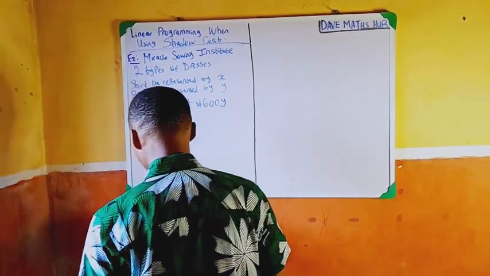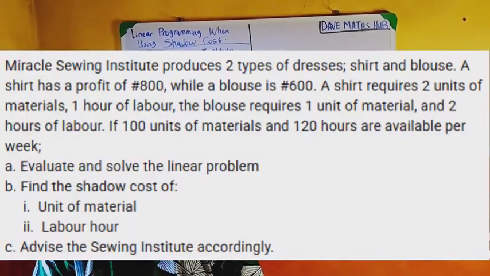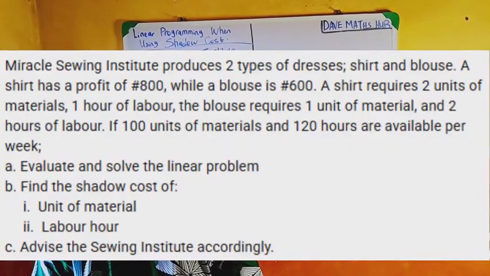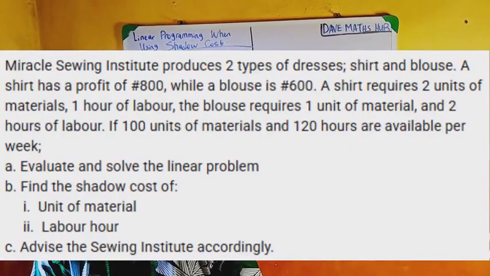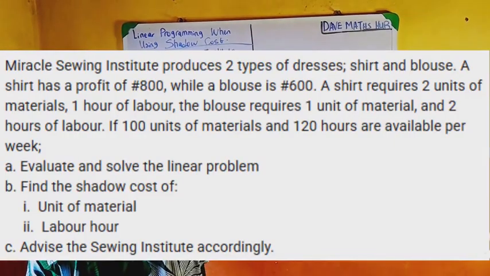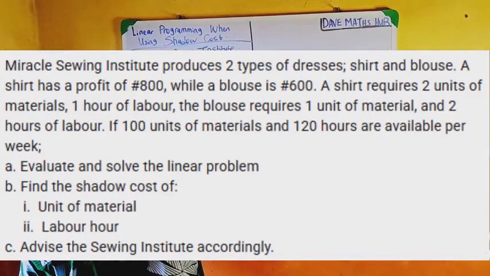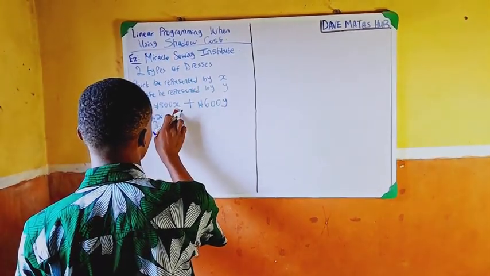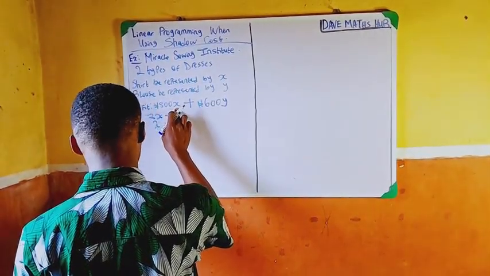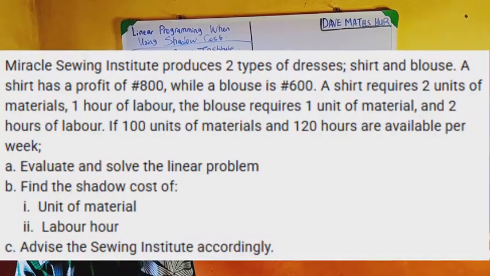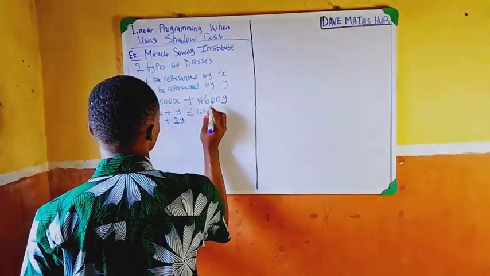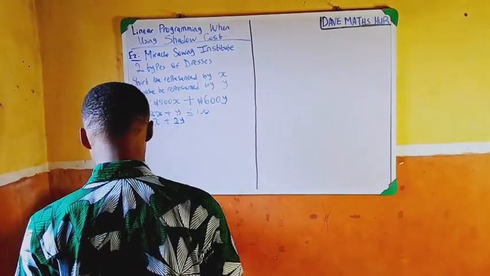All right. Now, it said if 100 units of materials and 120 hours of labor are available per week, so they have given us the constraint. This 2X is for material for shirts. This Y is for material for blouse. And we are told 100 units of materials are available, so this will come as this restrained to 100.